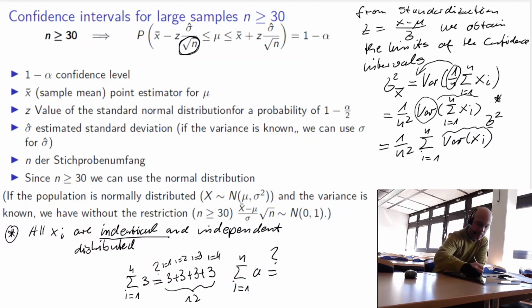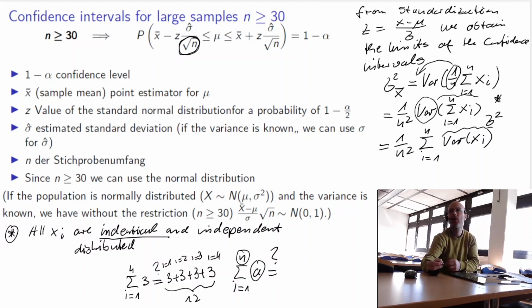And if our sum goes up to the number n, and we have here any number a you can think of, then we have to sum up n times a. So this is n times a.